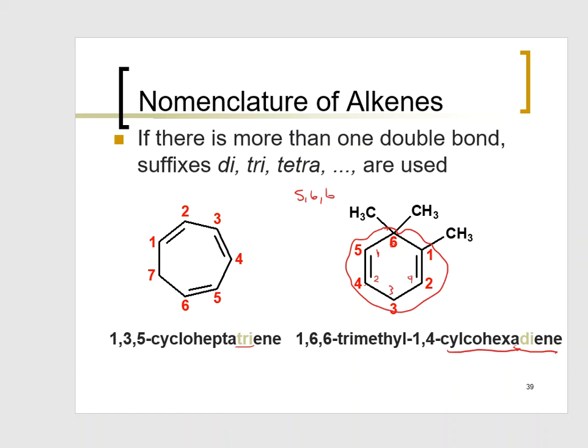So the reason that they numbered the way that they did in the problem is because if they start with carbon 1 at this spot and then do 2, 3, 4, 5, 6, I get a 1 and then a 6 and a 6. So because this is a lower set of numbers, 1,6,6 is the preferred way of numbering that chain, and this is a trimethyl because I have a methyl group here, and one there, and one there. So 1,6,6-trimethyl-1,4-cyclohexadiene.